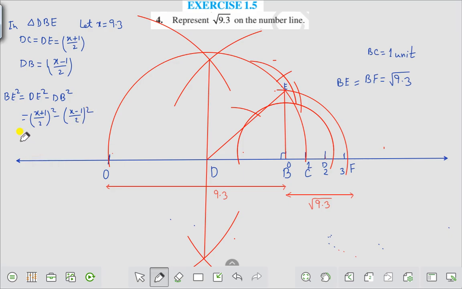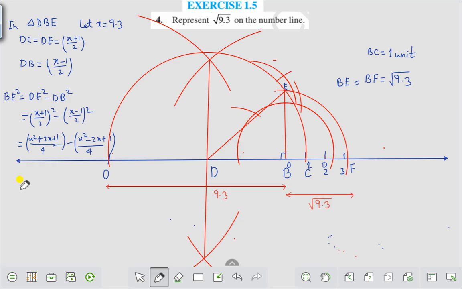That means we are getting x plus 1 whole square is x square plus 2x plus 1 by 4, minus x square minus 2x plus 1 by 4.